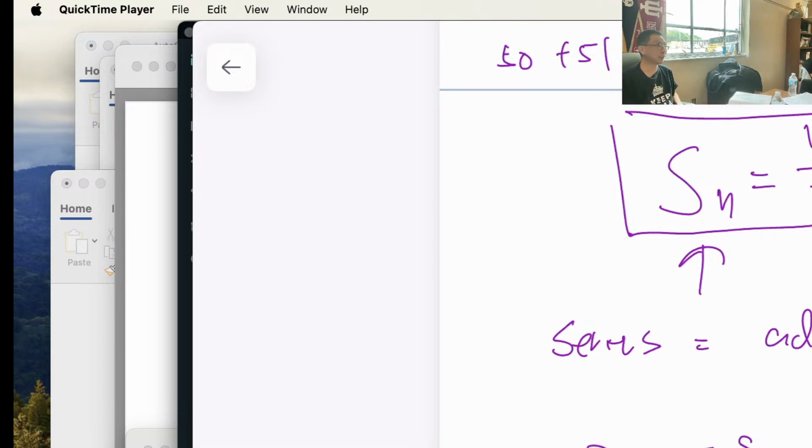Be careful of the common difference this time. What's the common difference? Is it positive 7 or -7? Because it's the second term subtract the first term. And by Thursday, we're going to go over common ratio with geometric series.